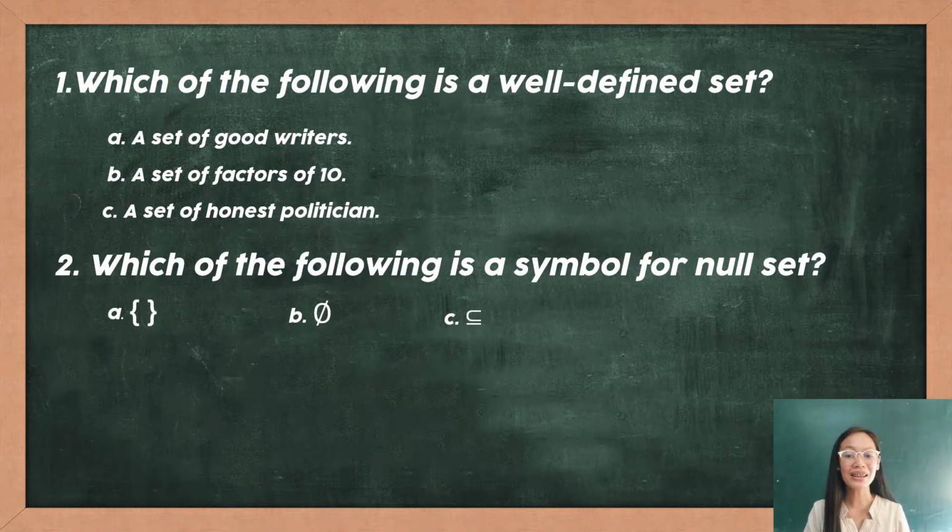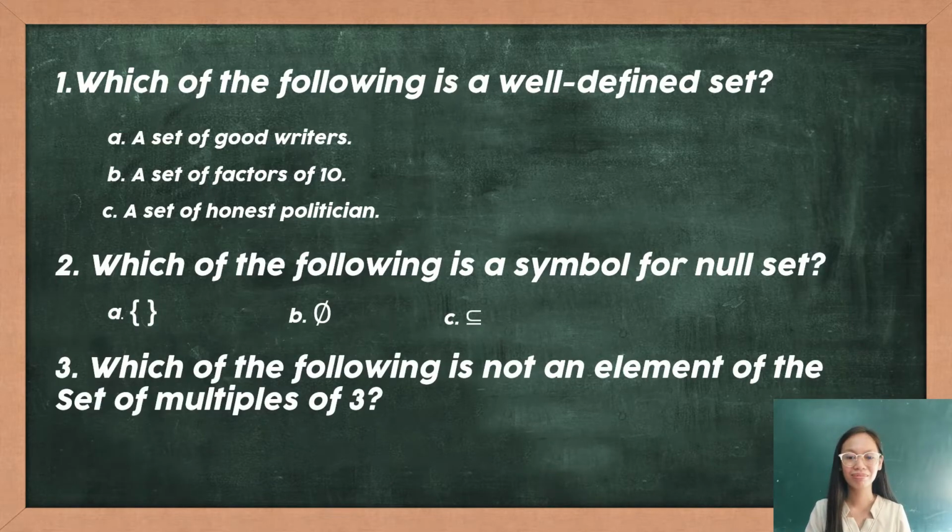The choices are shown in your screen. Number 3. Which of the following is not an element of the set of multiples of 3? A. 27. B. 15. C. 28.